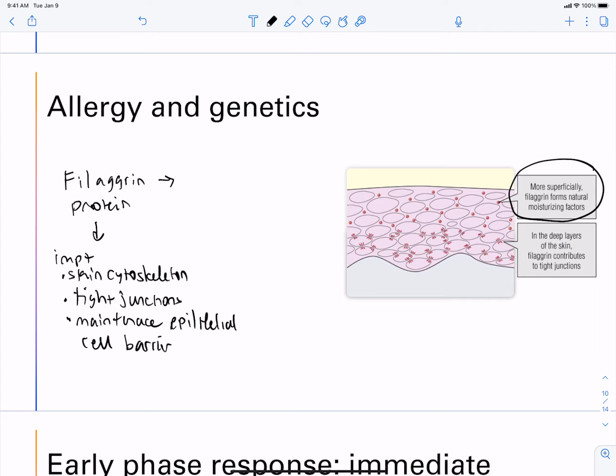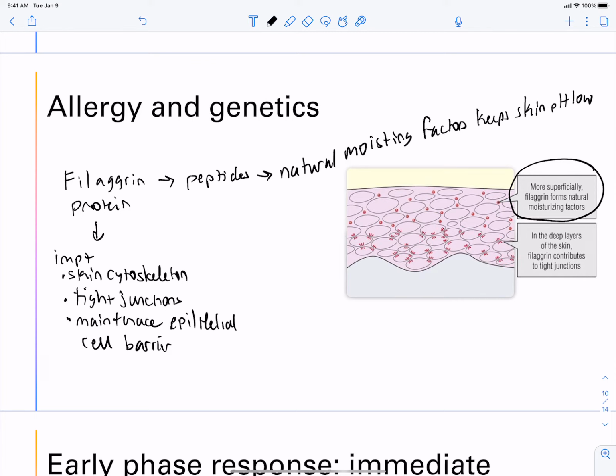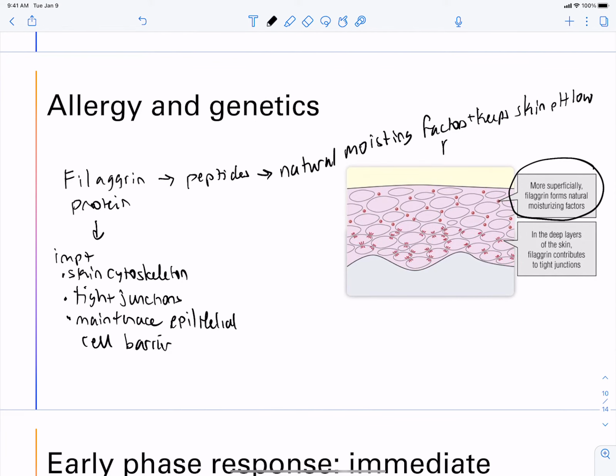But just like any protein, it's going to be broken down into peptides. And these peptides have natural moisturizing factors. And so it keeps the skin pH low. And so this is protective.